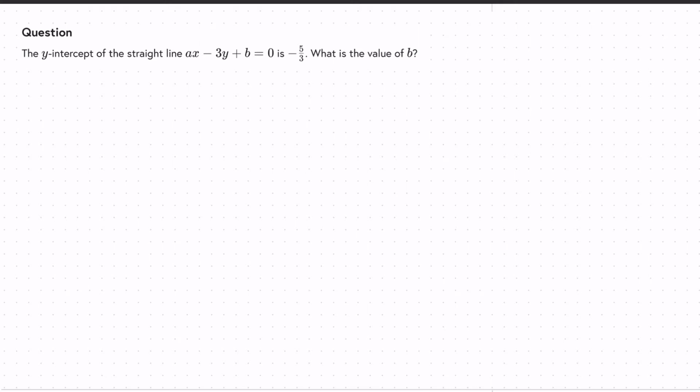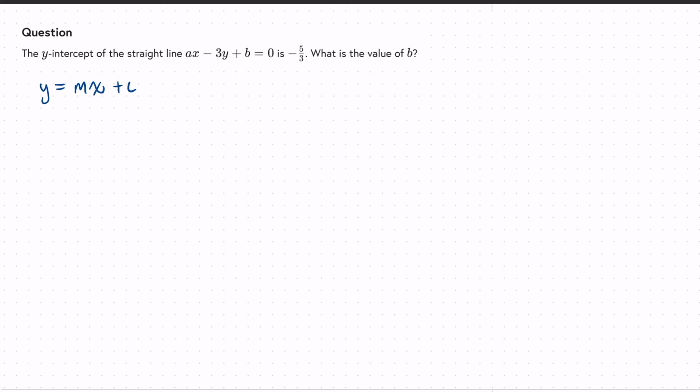Now the way I'm going to resolve this question is by using a different form of the straight line, which is y equal to mx plus c.